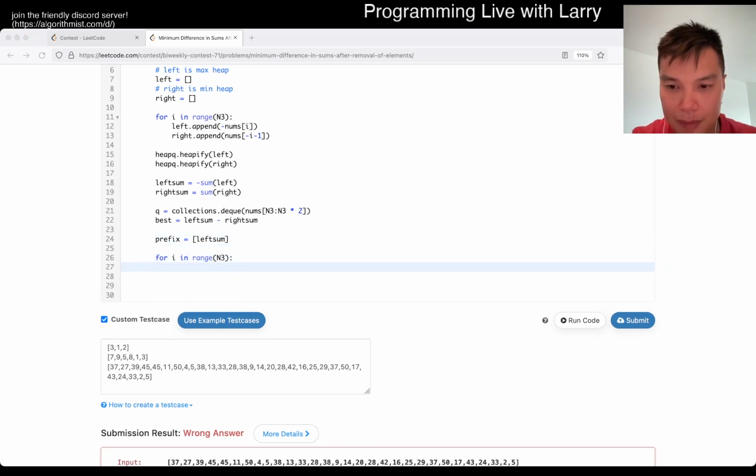I am being silly. Maybe I should have explored a little bit more, because I didn't even use this example really, other than to prove my greedy wrong.